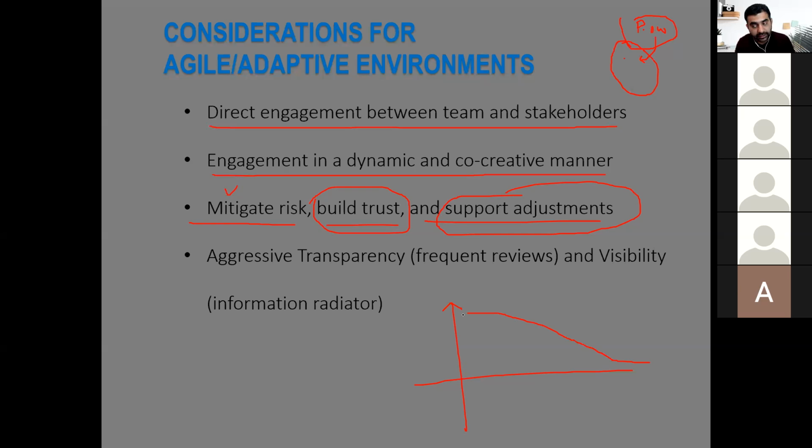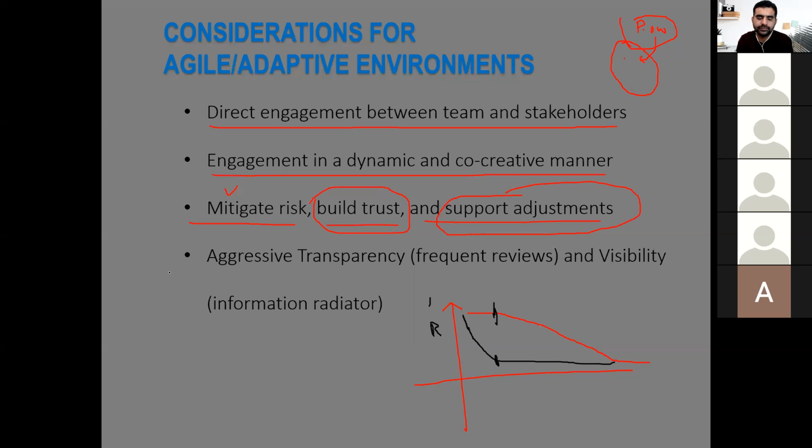They may result in failure, but that's all right. Fast failure is acceptable to us. If we fail fast, at least we will not waste our resources or our time. So the proposition for risk mitigation in Agile is something like that. It shows that risks, on the y-axis against time on the x-axis, reduce much earlier as compared to the waterfall technique.